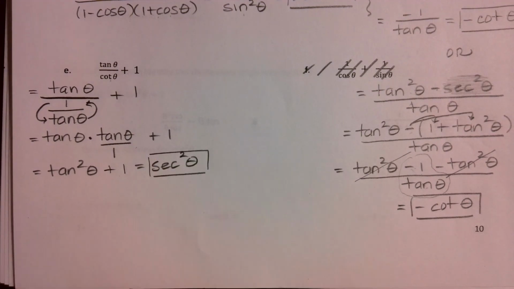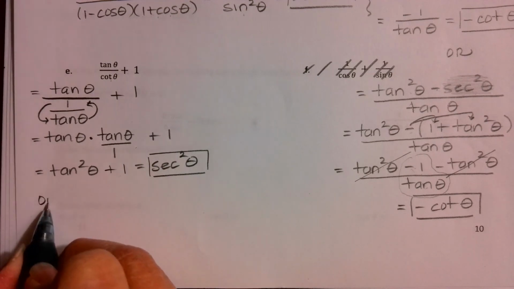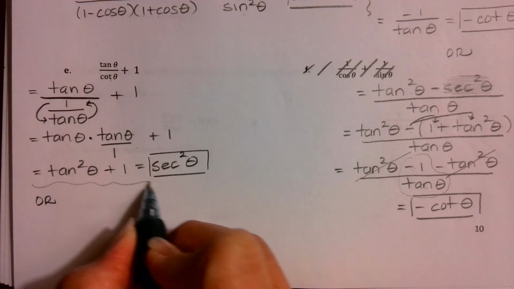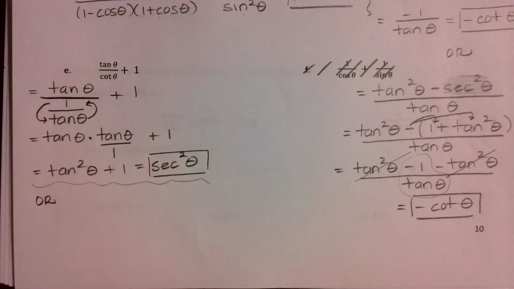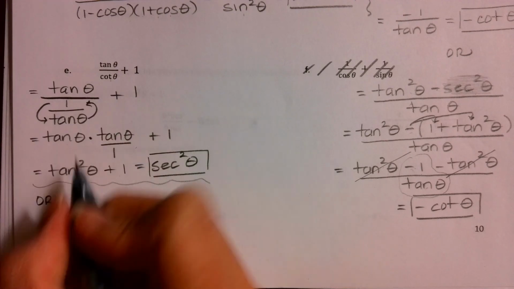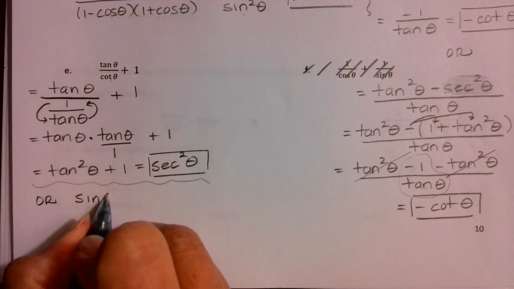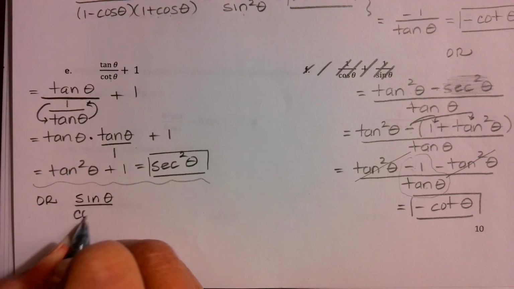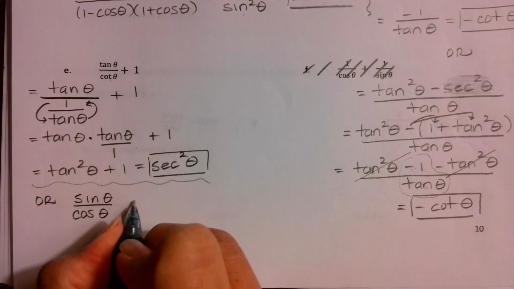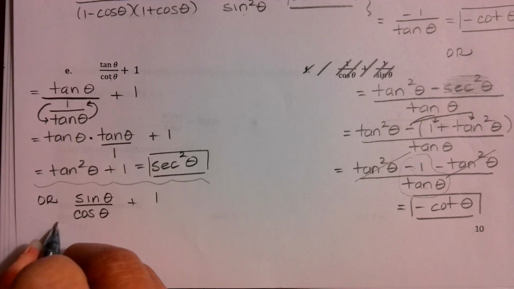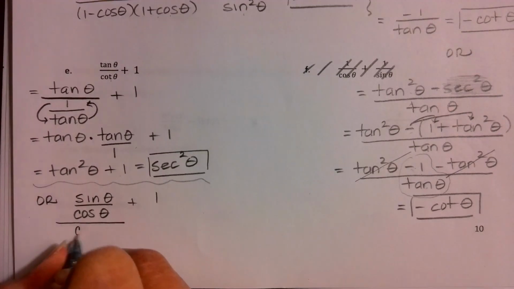Okay. Some students prefer breaking tangent and cotangent completely down into sine and cosine. So you can also do that. You'll notice that you still will get the same answer.